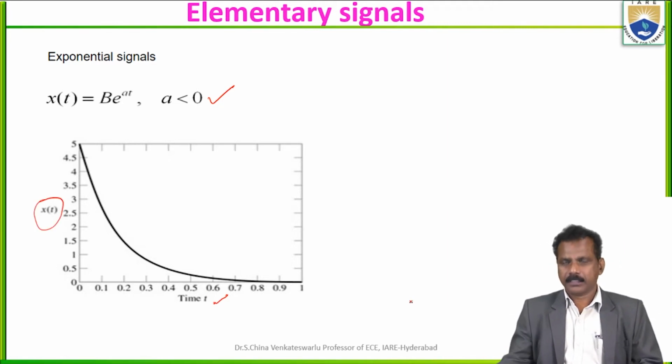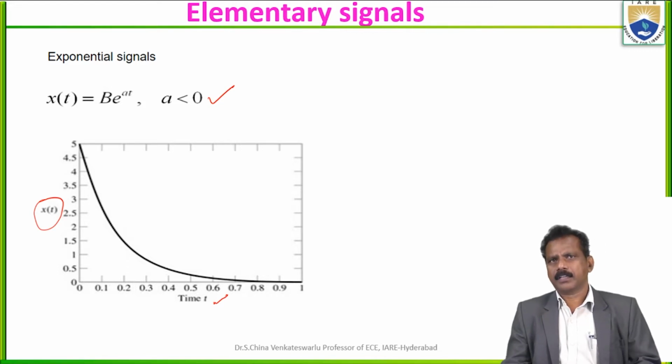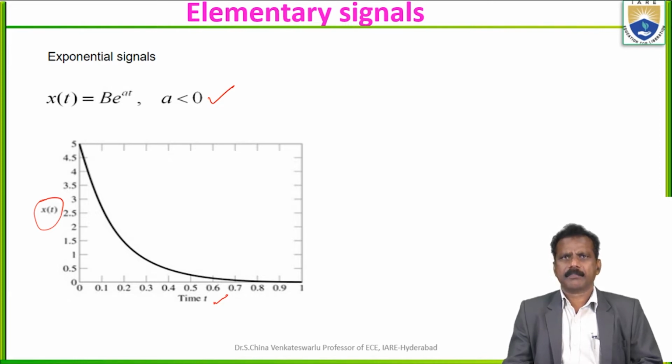From origin 0 to 0.1 and up to 0.8, 0.9 and 1. In the y-axis, the continuous time signal x of t, the exponential signal, is assigned from 0 to 0.1 up to 5. In between, 1, 1.5 to 2.5, 3.5 up to 5.